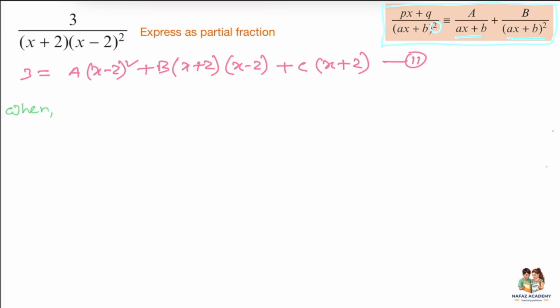And now we have to substitute the value for x minus 2. Not x plus 2, it is x minus 2. My mistake, x minus 2 equals 0, x equals 2.